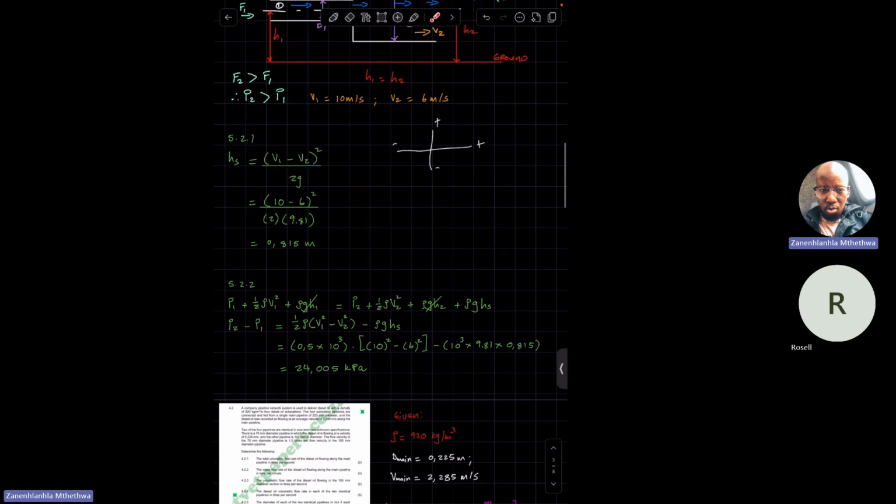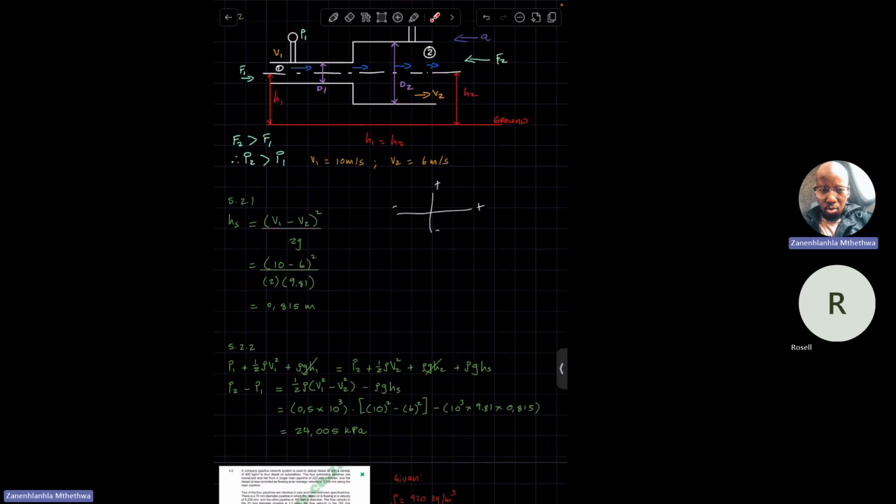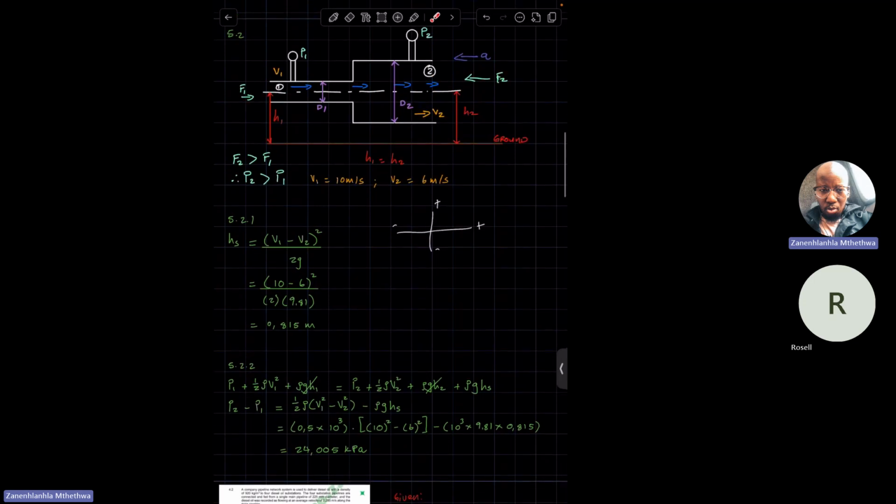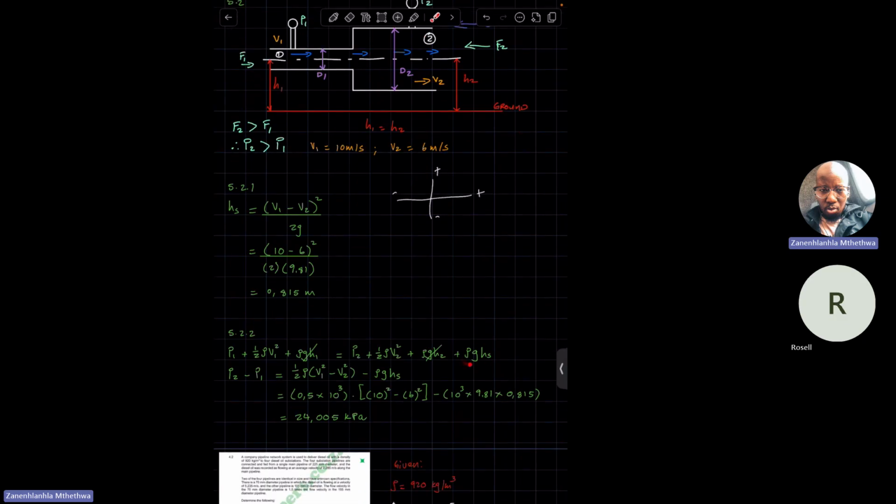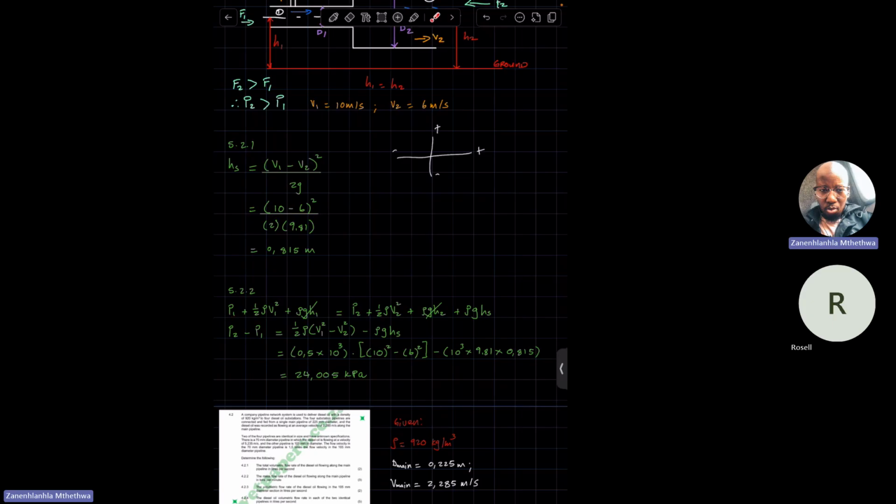After having established that, you simply apply Bernoulli's between the 2 points. Now, remember that the shock loss has been considered here, so we are also going to consider the shock loss in applying Bernoulli's. We use this variation of Bernoulli's equation, where each term is in pascals, because we are looking for the change in pressure.